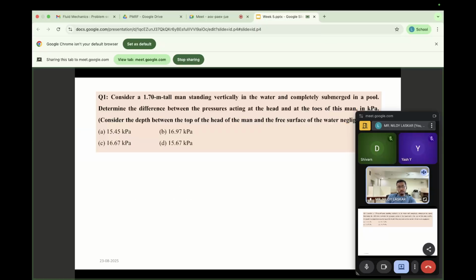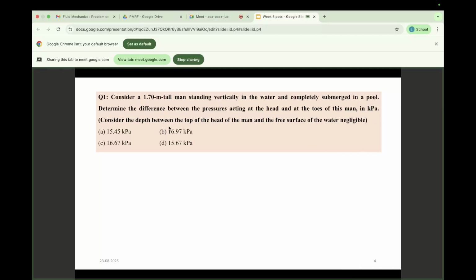So this is our first question. It has been mentioned that there is a man who is 1.7 meters tall. He is standing vertically in the water and is completely submerged in a pool.